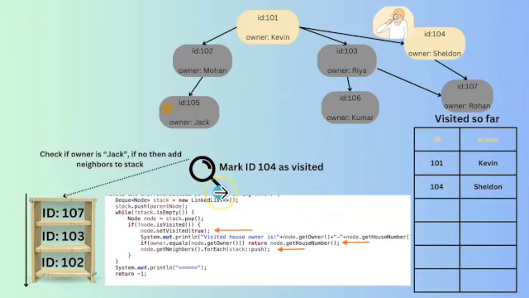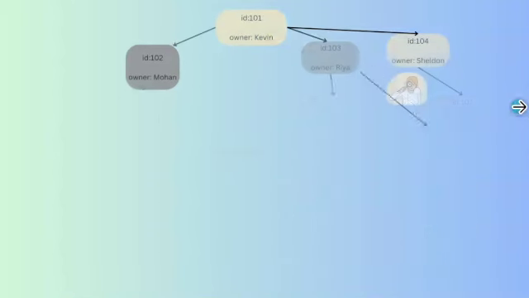Since it is not, it continues and inserts its neighbor 101 to the stack. As I already mentioned, it adds on top of the existing one, so 101 is the latest, and you can track it here. We already visited 101, next 104, also highlighted here in yellow. These are all the visited nodes.